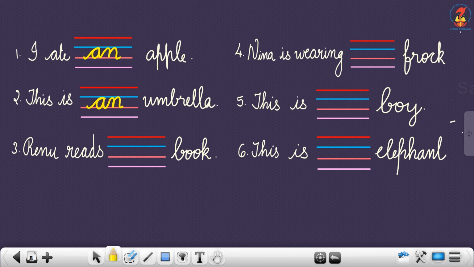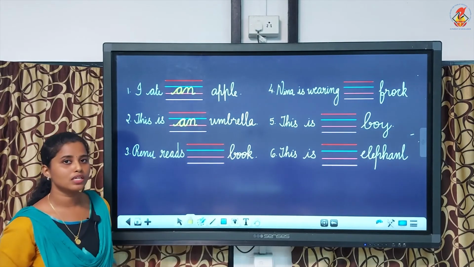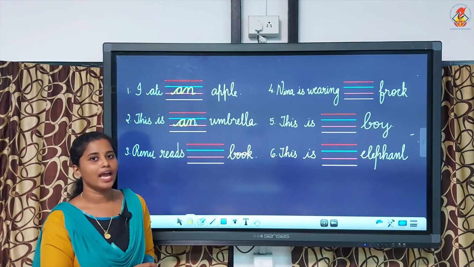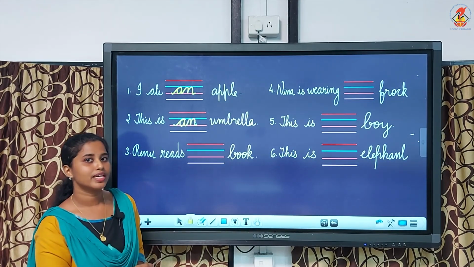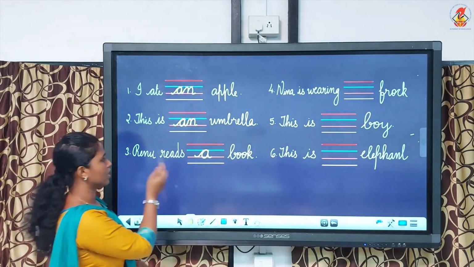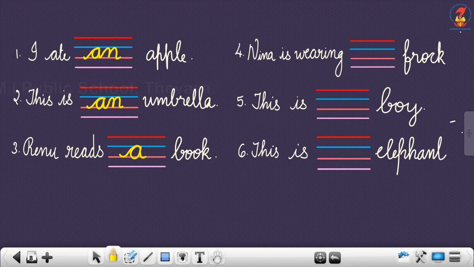This is an umbrella. Next one. Renu reads dash. There you can see a picture of a book. The word book is beginning with the consonant sound B, and the article that comes here is a. Renu reads a book. Okay.